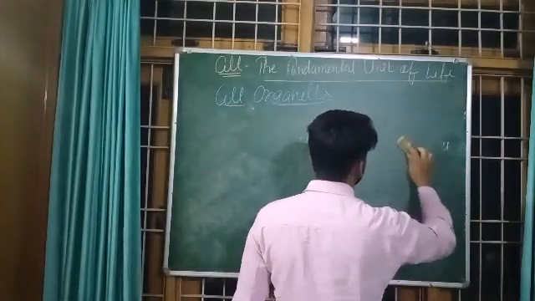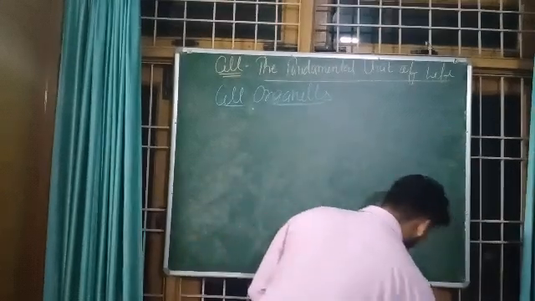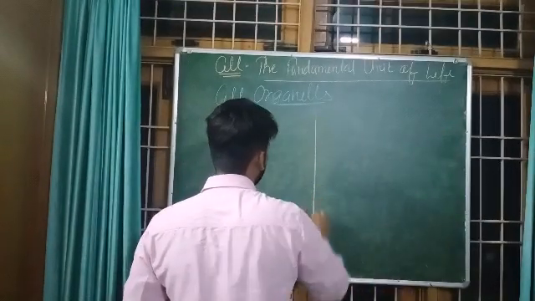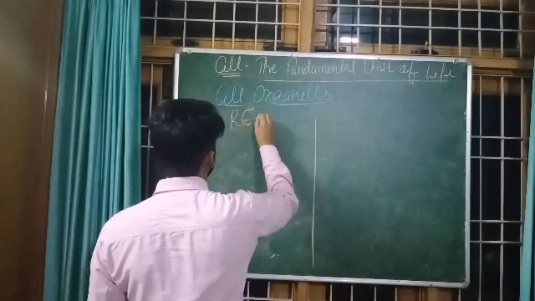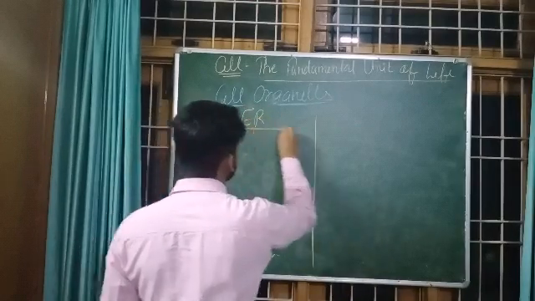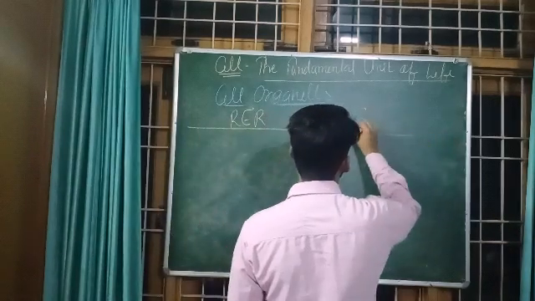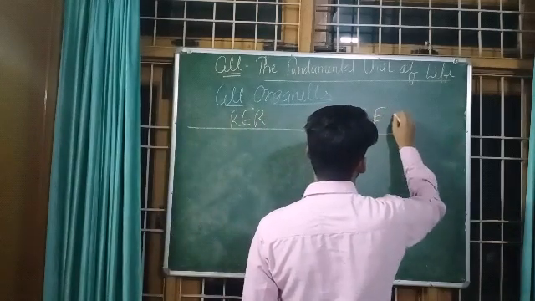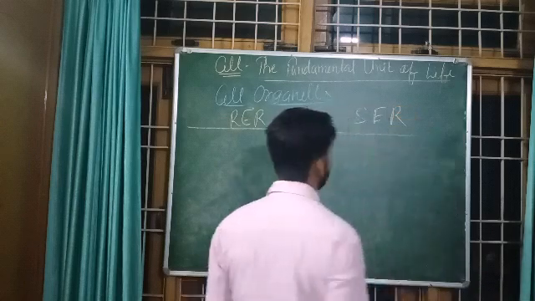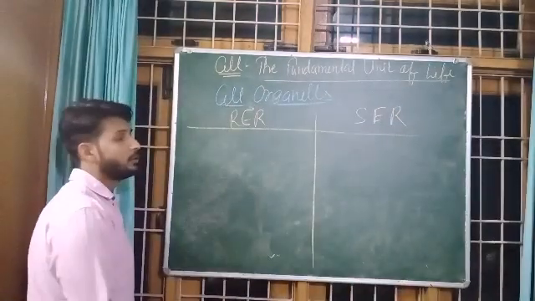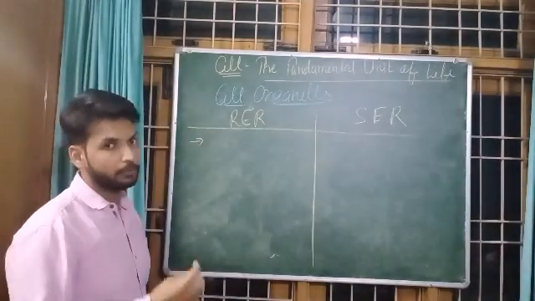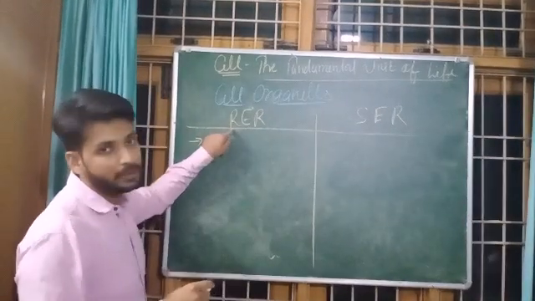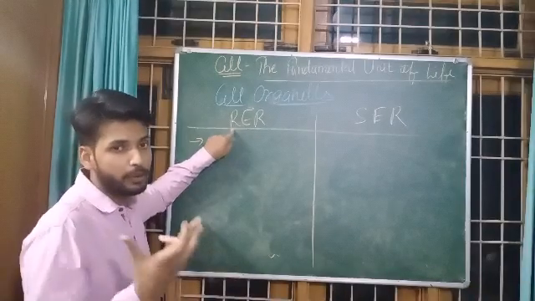Got it? So if we are told to write the difference between smooth endoplasmic reticulum and rough endoplasmic reticulum, how can we write? We have a few points on which we can differentiate them. Here it is rough endoplasmic reticulum and here it is smooth endoplasmic reticulum. Got it? So the function of rough endoplasmic reticulum: I told you ribosomes are present and these are responsible for protein synthesis.